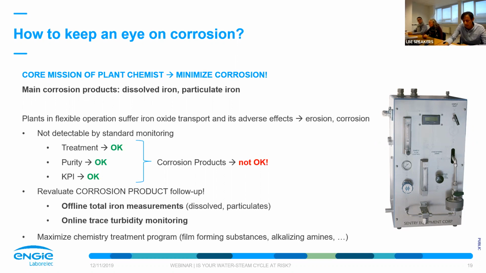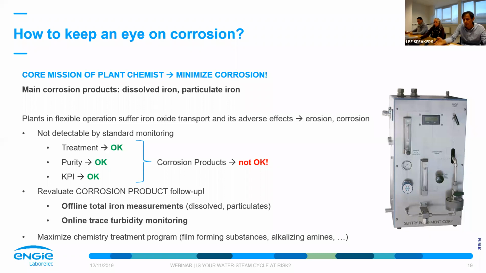So, but how can we find a solution if corrosion products are not measured in a professional way? In fact, we would like to make a call to reinstall first-class online and offline corrosion product measurements, to make an inventory easier, and finally to see what kind of additional treatments could be implemented.